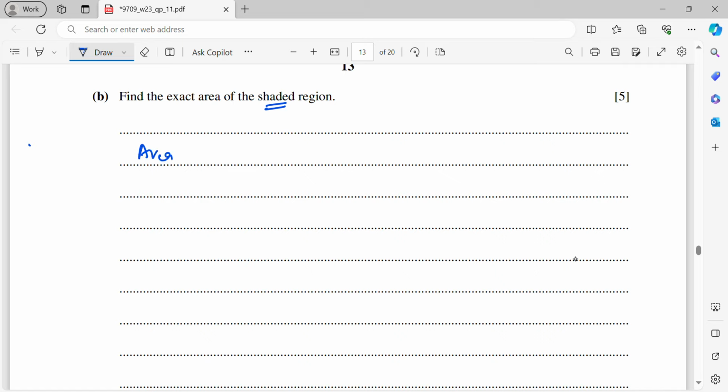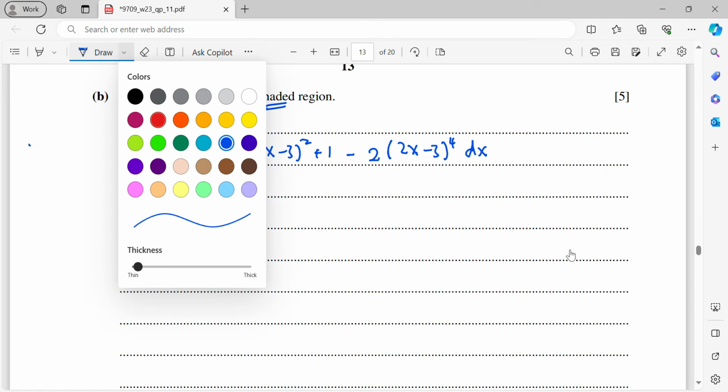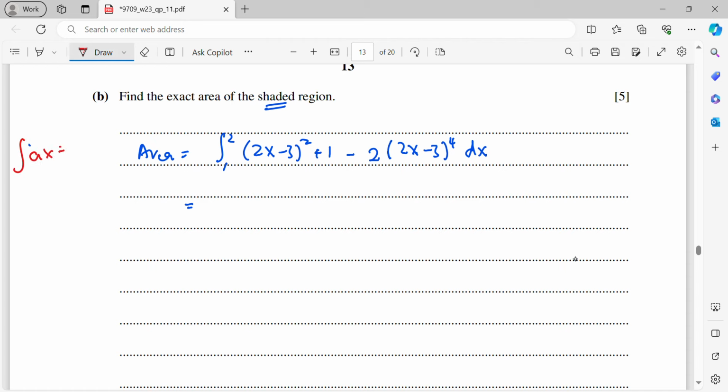So I will write area equals the integral, A is 1, B is 2, of (2x minus 3) squared plus 1 minus the lower graph. The lower graph is (2x minus 3) to the power 4. So for this case, when we need to do integration, I can refer to this formula.